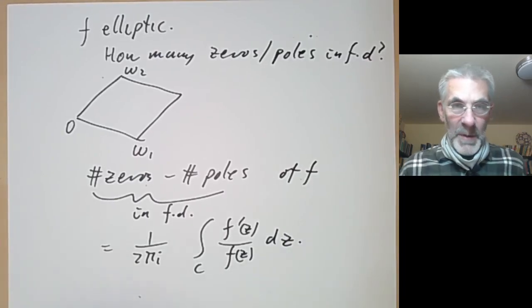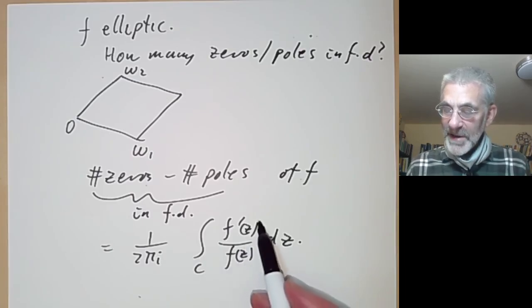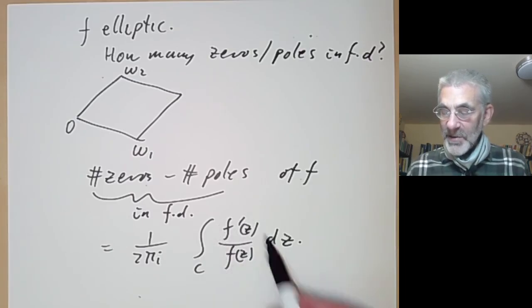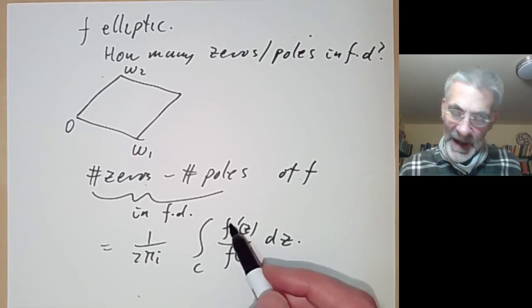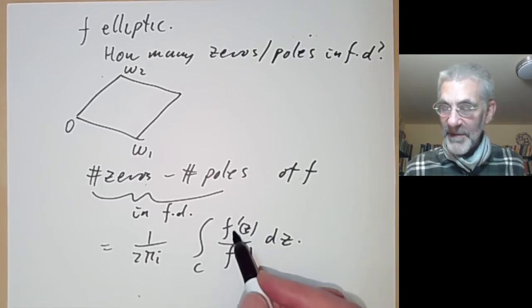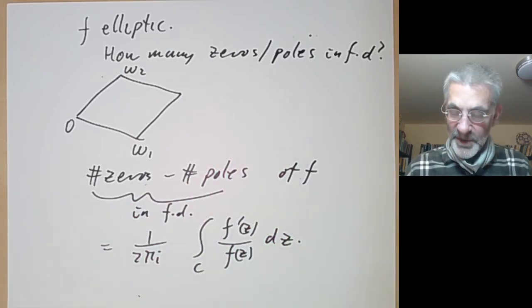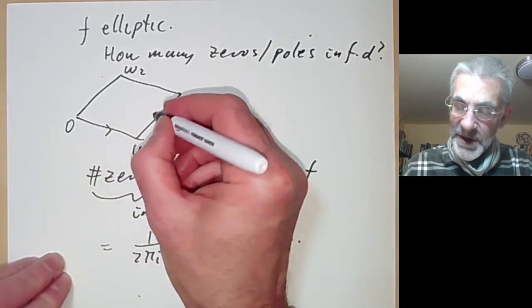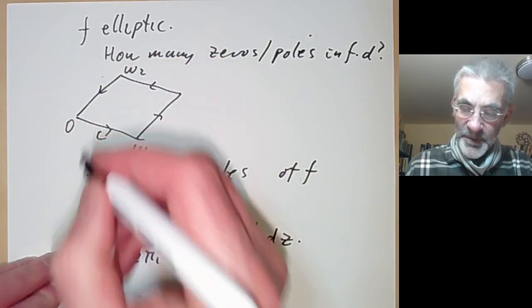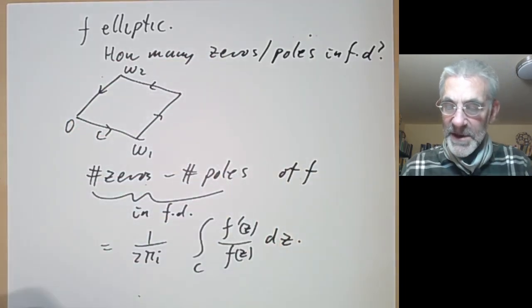Well, that doesn't seem to be much use because not only is this a rather messy looking thing to try and integrate, but we don't even know what f actually is. So how can we possibly figure out this integral? Well, it turns out to be really easy. So here we've got this contour C, which kind of goes around like this. And let's have a look at these two bits.